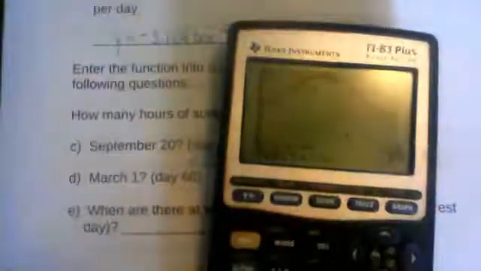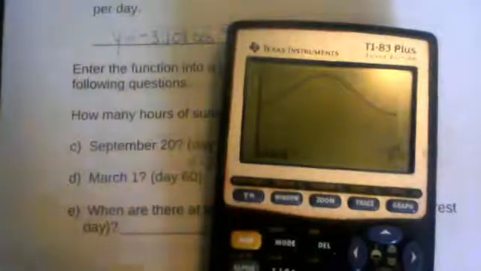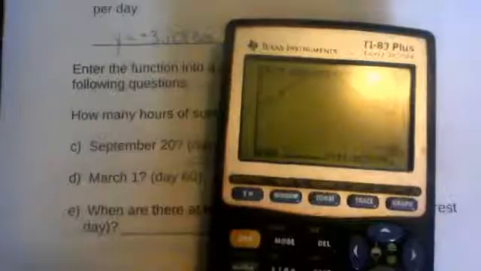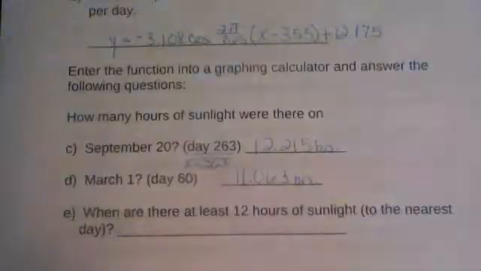Now on March 1st, which is day 60, so second calculate the value, and x is 60. We get 11.063 hours of sunlight. So both of those days fairly long.